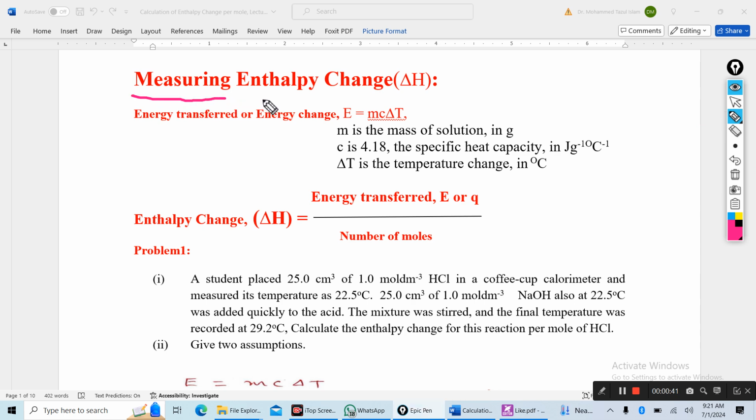Measuring enthalpy change delta H. At first you have to learn energy transferred or energy change, E equal mc del T. This is an important formula.